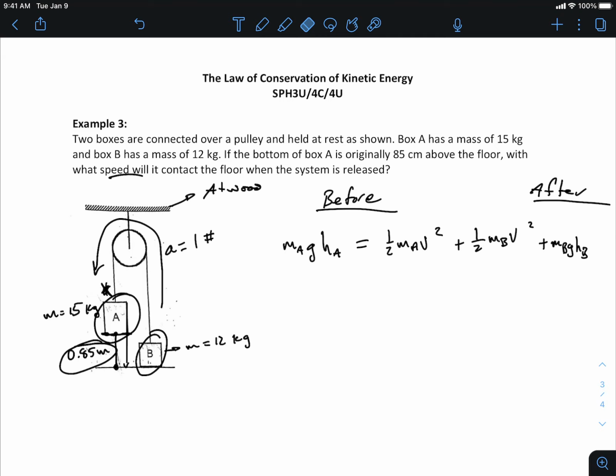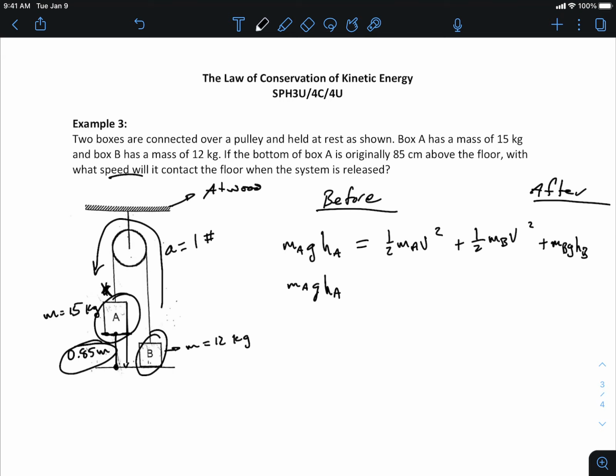Okay, so now it's just a little bit of, I'll call it trickery with math, but it's not really. You guys know how to deal with a situation like this. So let's just run through this with the algebra and see what happens. I'm going to move this to the other side. So we're going to go M of A, the mass of A, times the gravitational constant multiplied against the height of A initially.